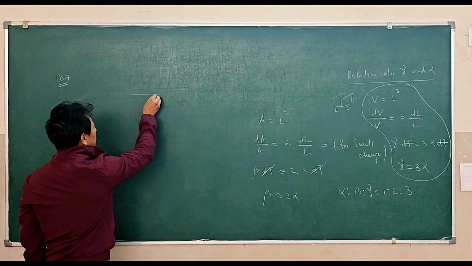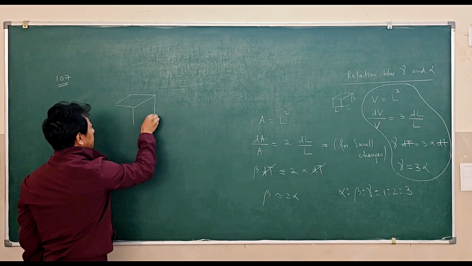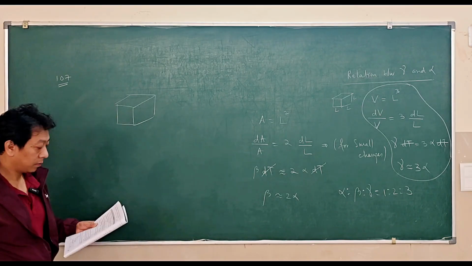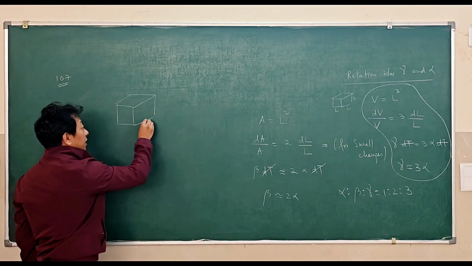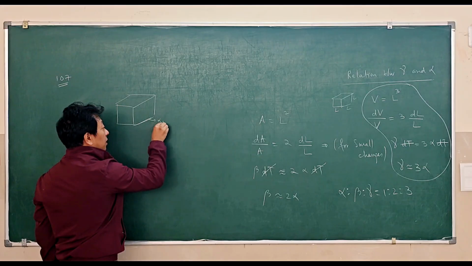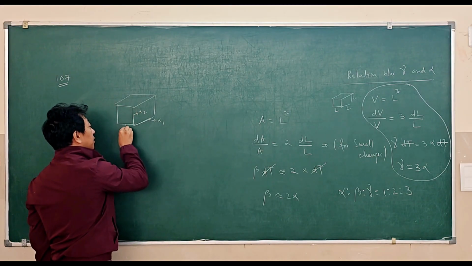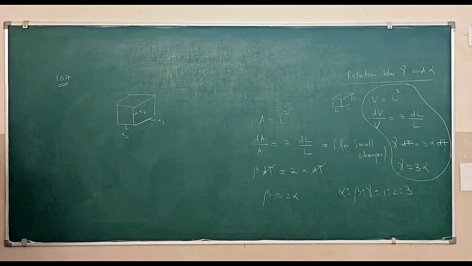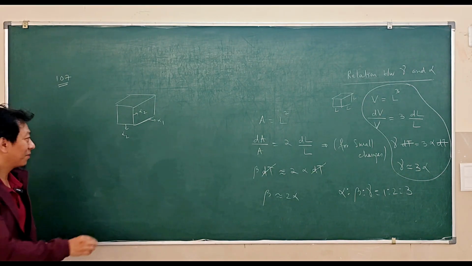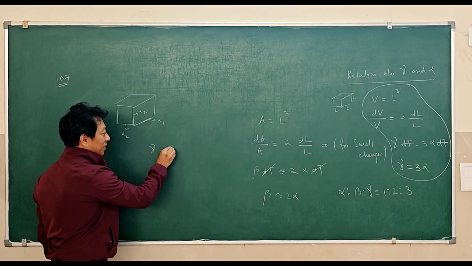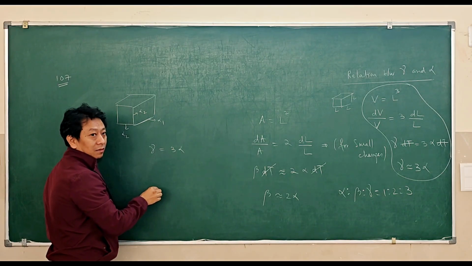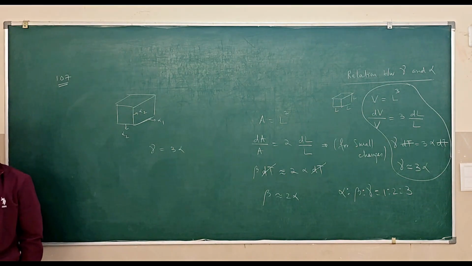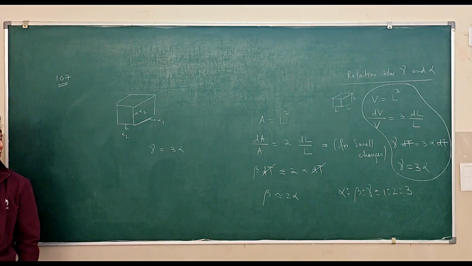Matlab, if you take a cube like this, in this direction it is alpha 1, in these two directions it is alpha 2, alpha 2. Now what will be gamma? You cannot say 3 alpha. Some of you may guess maybe it is 2 alpha 2 plus alpha 1, which is correct.